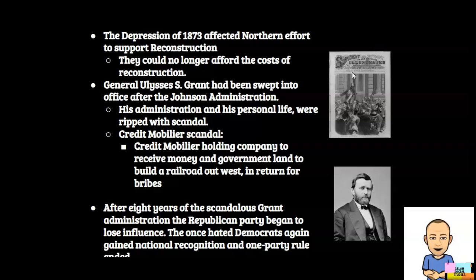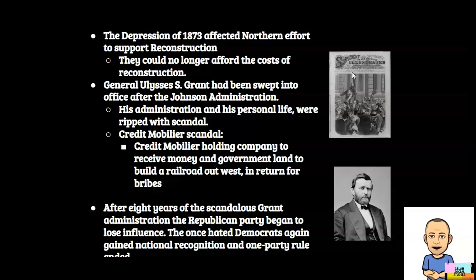Grant's personal life and his choices for the administration became embroiled in scandals. Grant did not have a very successful presidency overall. Grant was known as an alcoholic. He couldn't control his friends that he placed in the cabinet.